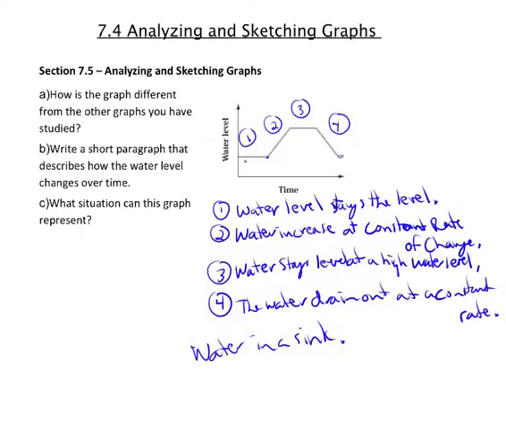It stops back at the same level that it started. So the water drains at a constant rate, and I'm going to put an "and" here now that I thought about it, and stops at the same level it started at.